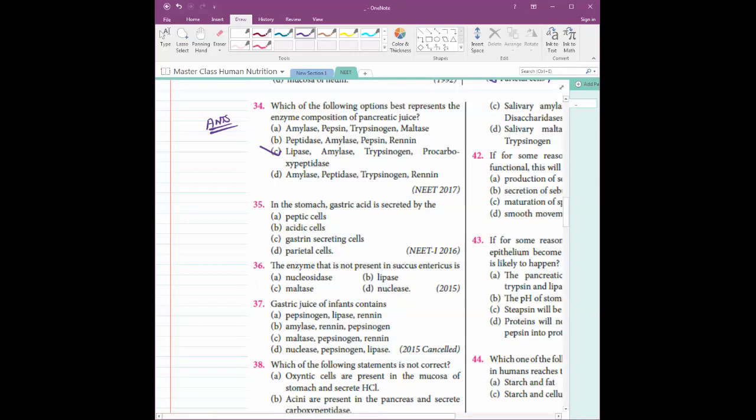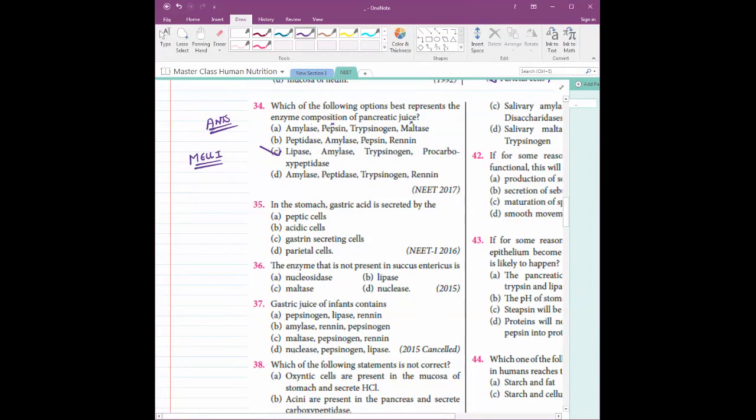Now let's see if we talk about the intestinal juice. Guys, how did I ask you to remember the intestinal juice? It was remembered as melli, right? So if you look at the first option, amylase, pepsin. Pepsin, where are we going to see it? In your stomach. So pepsin is wrong. And maltase is in your intestinal juice.